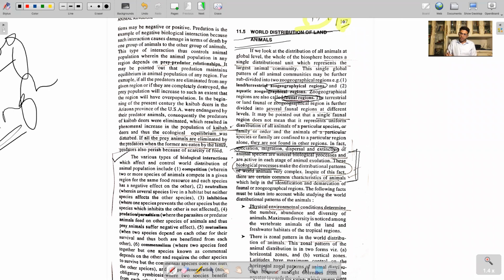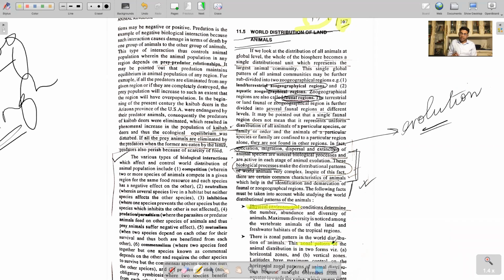So all which is related to evolution. It's a very important reason why we have the distinct type of distribution. And what impacts this is, of course, the physical environment.